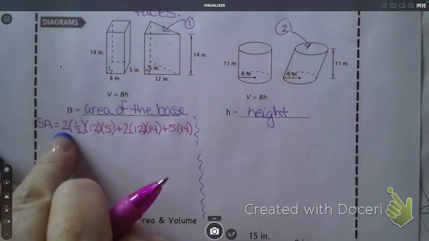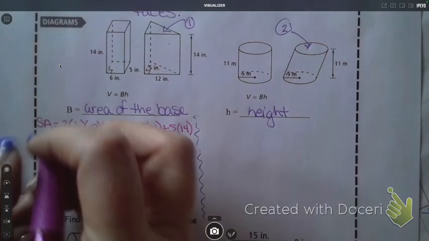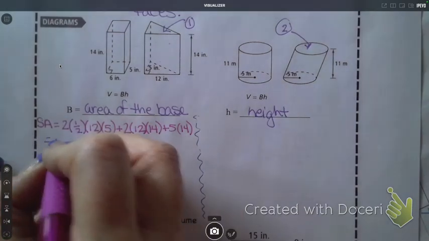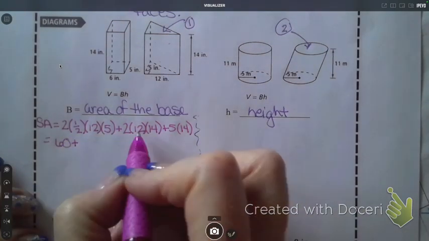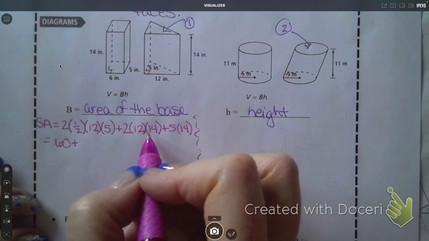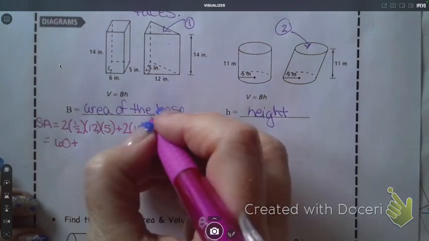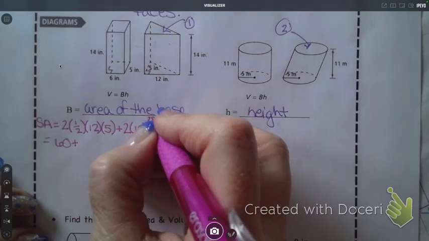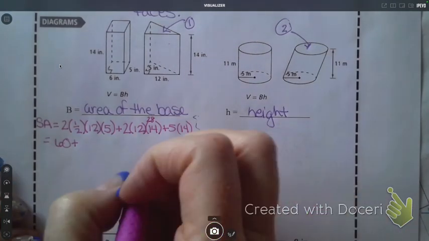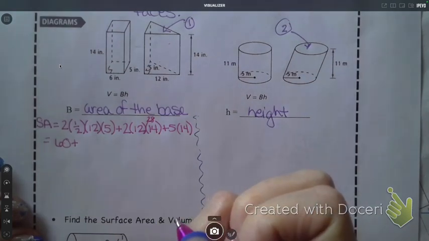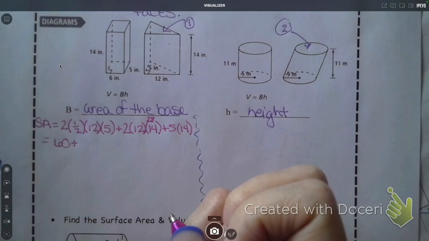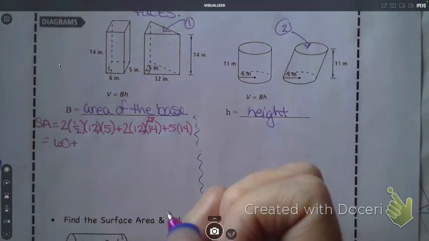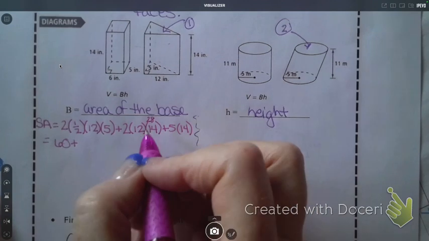So 1/2 and 2 reduce, correct? And 5 times 12 is 60. 60 plus, how do you want to multiply this one? 28 times 12. That's how I want to do it, but you can do it however you want. 28 times 12 would be like 100 something.